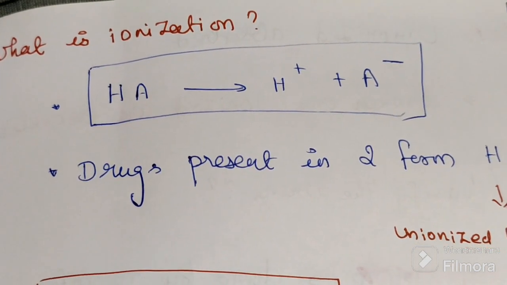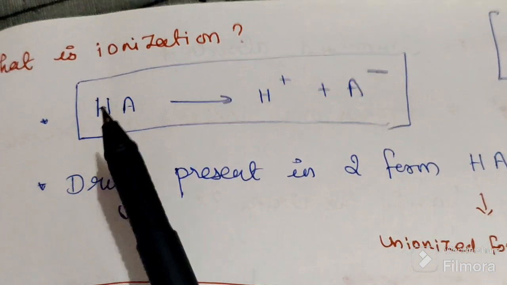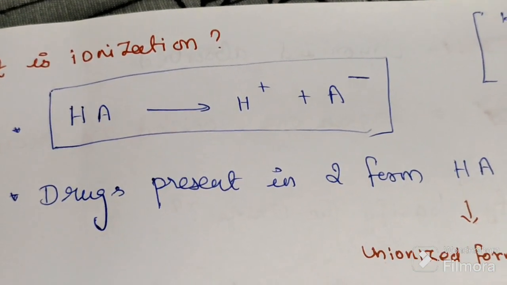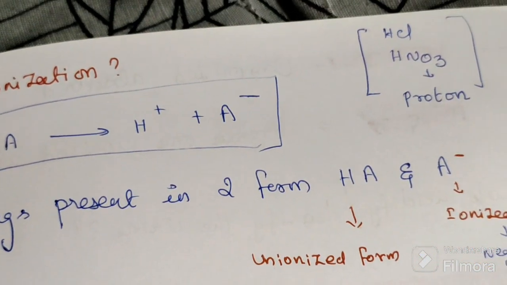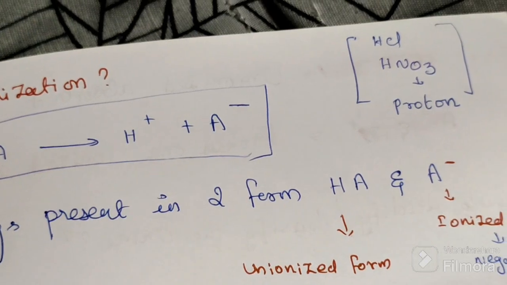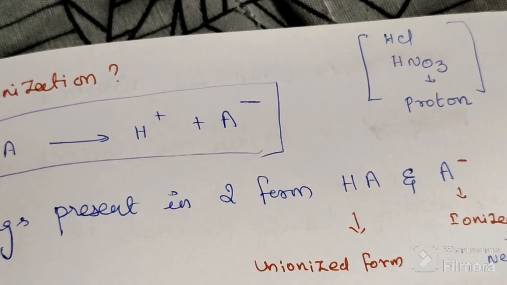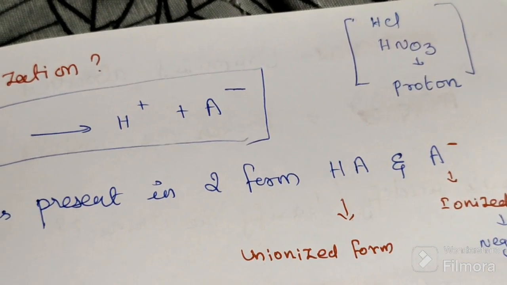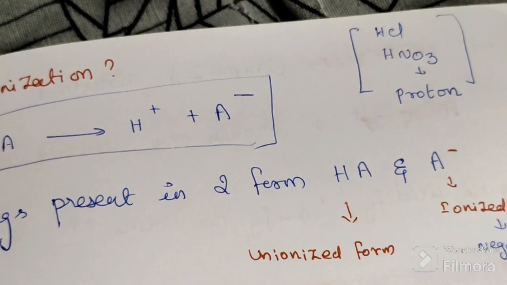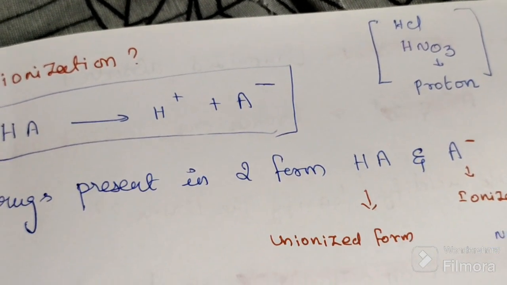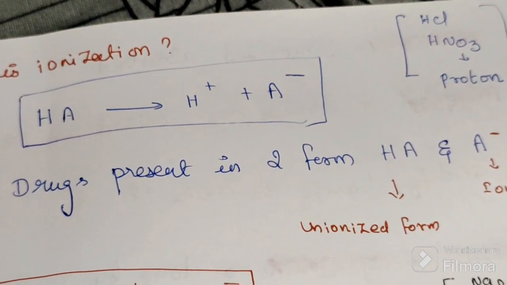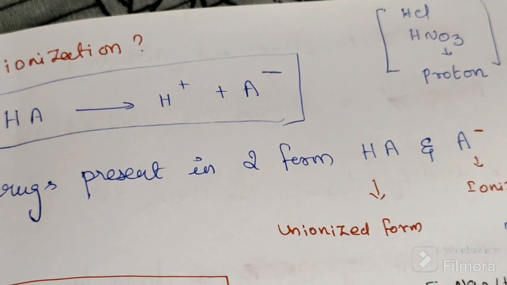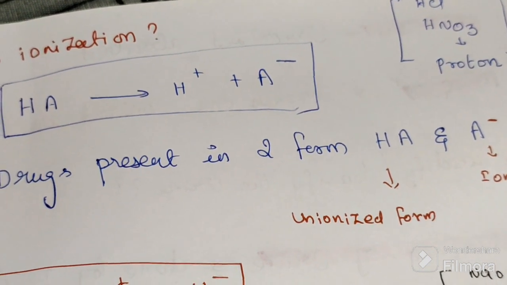What is ionization? This is an acidic drug, HA. It can be HCl or HNO3. I mean to say all acids have protons. We know HCl, HNO3, H2SO4.